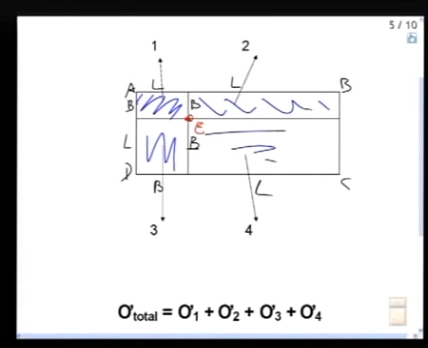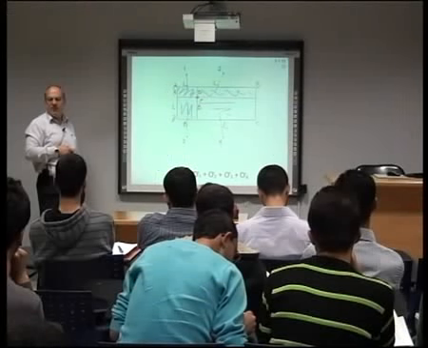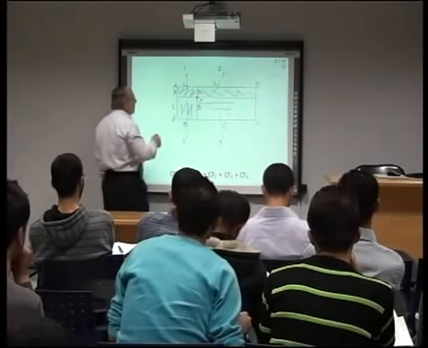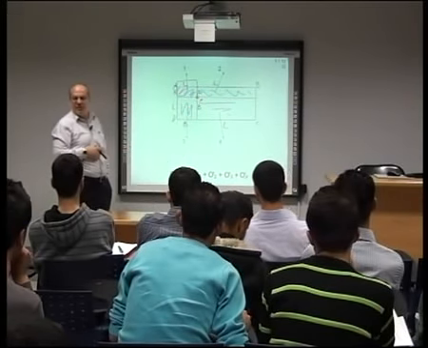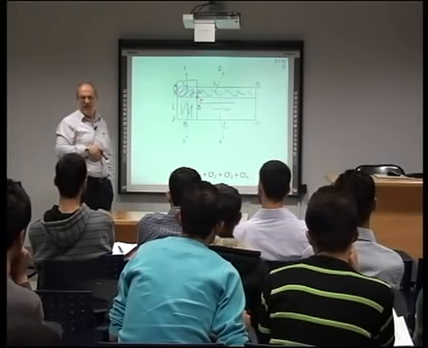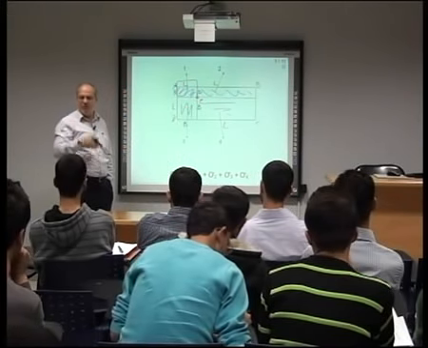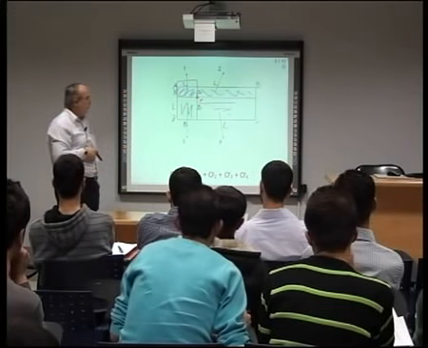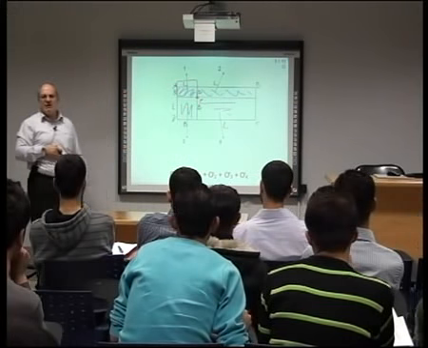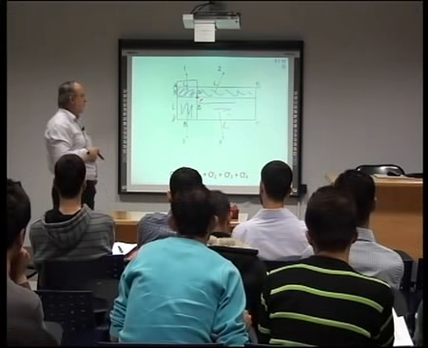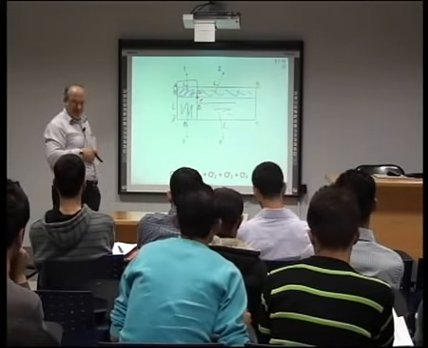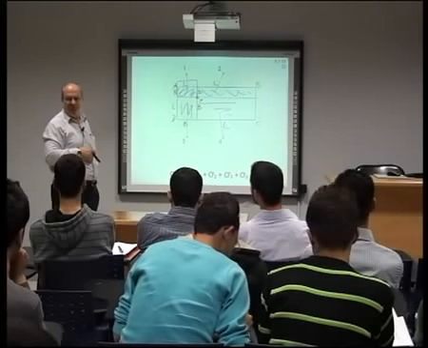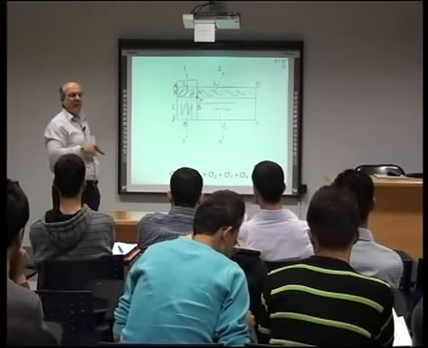I put the point under the corner of 4 rectangles. Of course, when I divide it, I may end up with a square instead of a rectangle. No problem. I don't know how to deal with a square yet, but we will discuss it later. But if I had 4 rectangles, then I will sum the stress due to these 4 rectangles using the same methodology. Okay? So we have several choices.